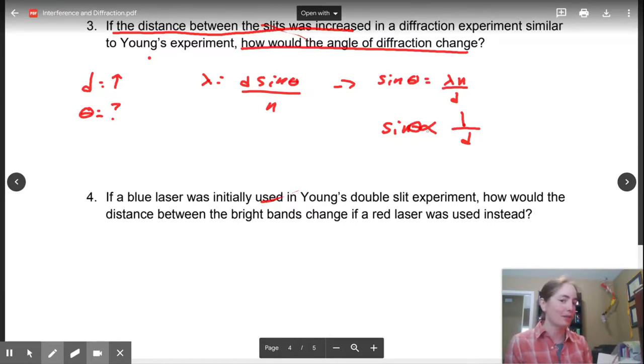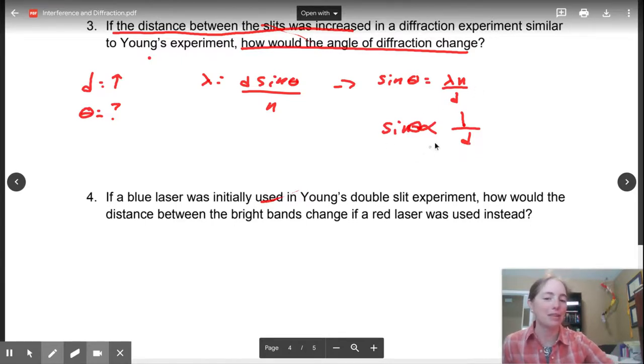Well, put into your calculator sine of 0, you get 0. And as you increase theta, you increase sine of theta. So that isn't going to change our concern with that number there. But if we increase d, that means theta is going to decrease.